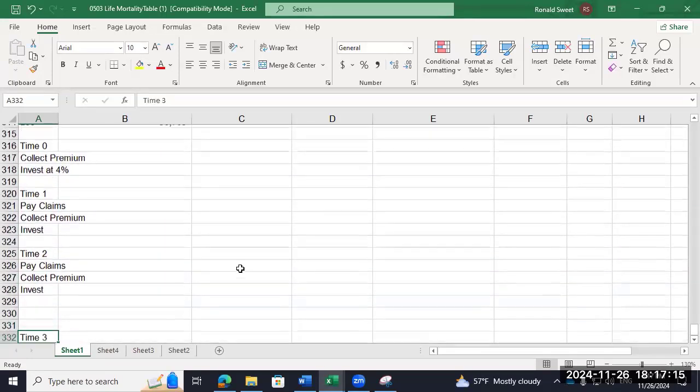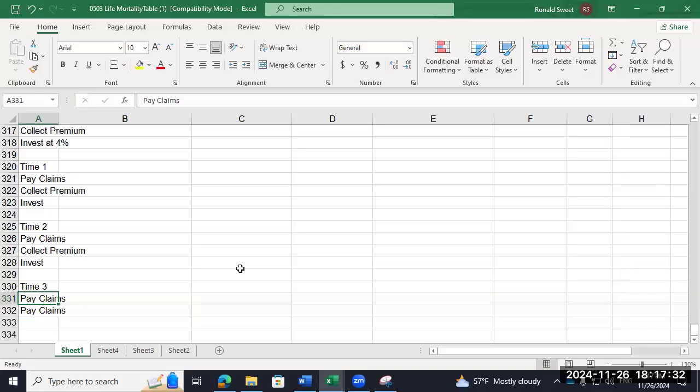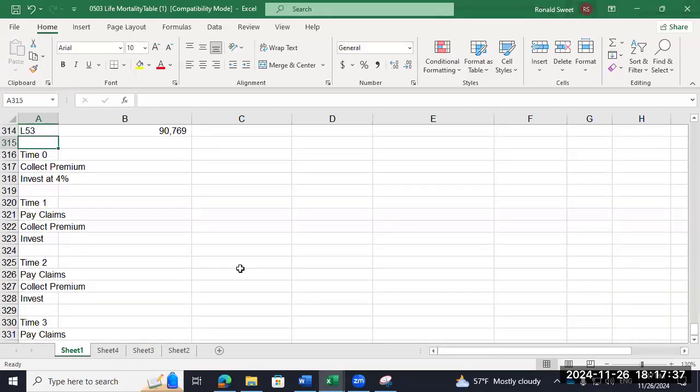So time 3 is going to be the same as time 2, but you're not going to collect any premiums. So you can say pay claims twice because remember, you're not going to invest again. So you pay claims to the dyers, you pay claims to people still alive. So it's going to look something exactly like this.